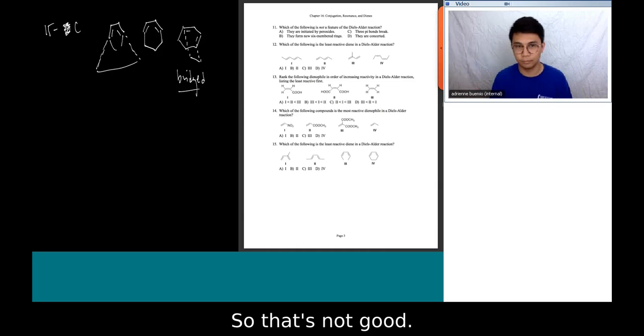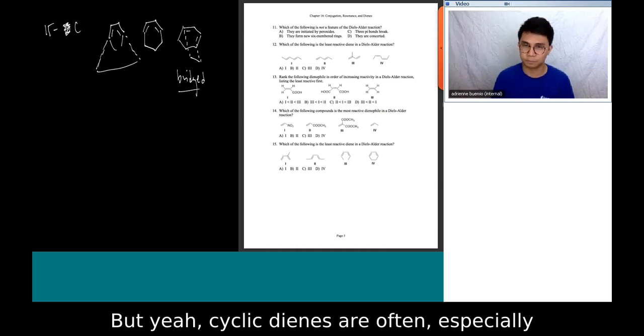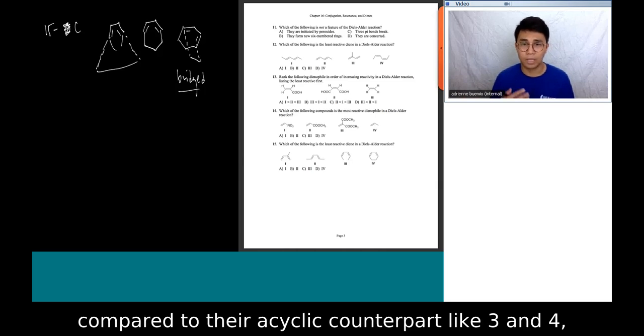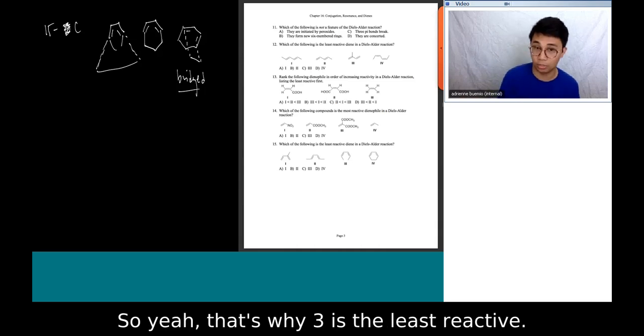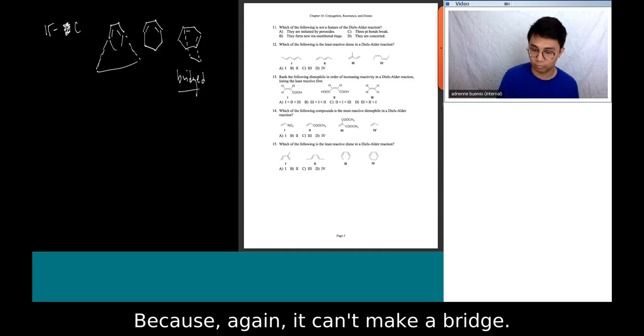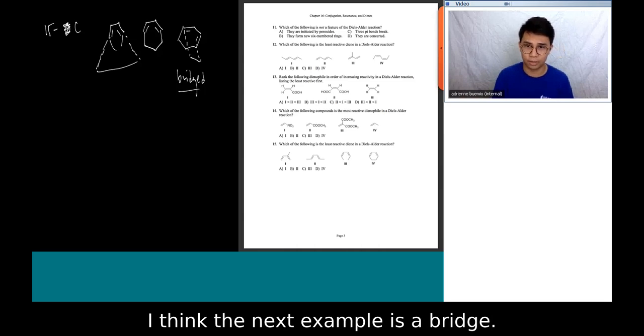So that's not good. Sometimes you kind of just visualize it, but yeah, cyclic dienes are often, especially compared to their acyclic counterpart like 3 and 4, go with the cyclic. So yeah, that's why 3 is the least reactive because again, it can't make a bridge, right? And you'll see a lot of bridges later too. I think the next example is a bridge.